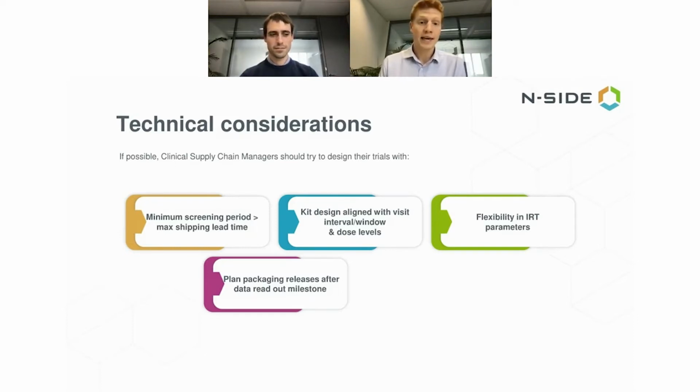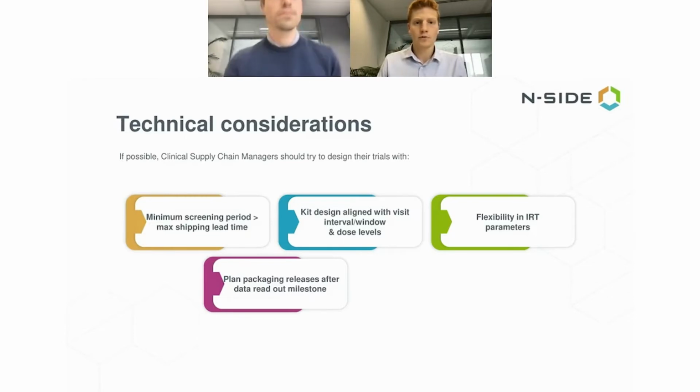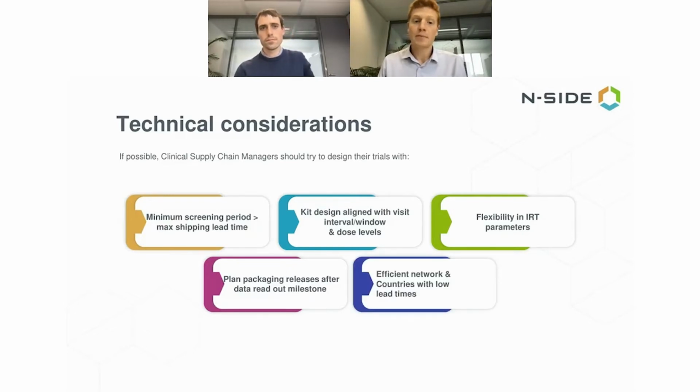Your trial could be canceled, and if that is the case, all the packages that you have released before, you won't be able to use, and so you're losing budget. Of course, it's better if nothing is canceled or paused, but in any case, it's always a good practice to apply.